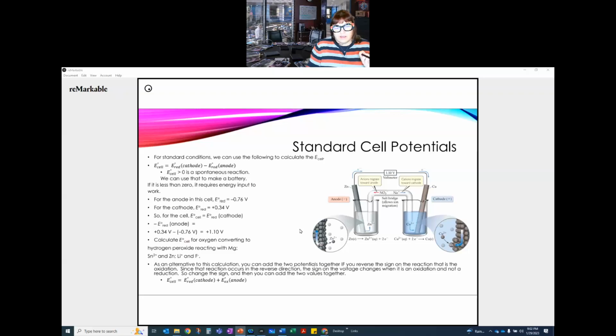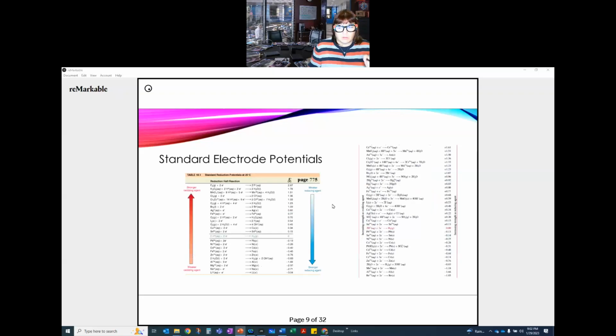Here's the other thing. When I'm looking at a table like this, this is not a physical possibility. I can't have two reductions. And so we could reverse one of these reactions. When we reverse it, the value for the E is the same number, but a different sign.